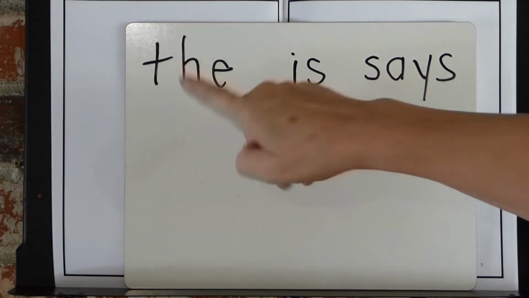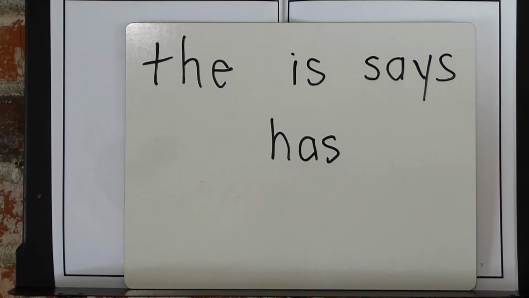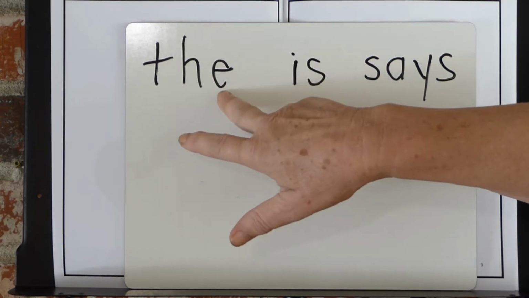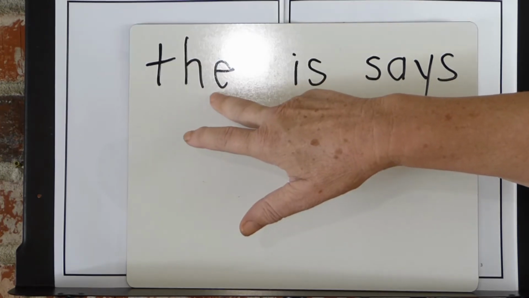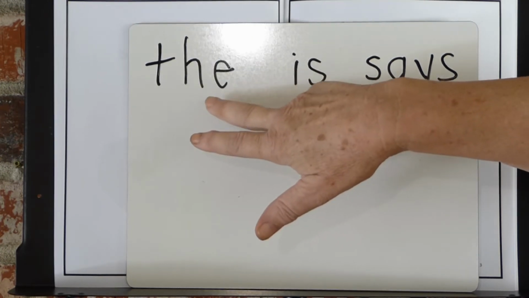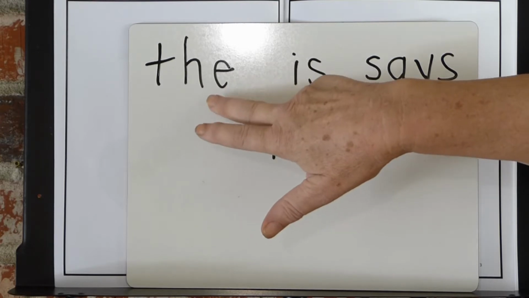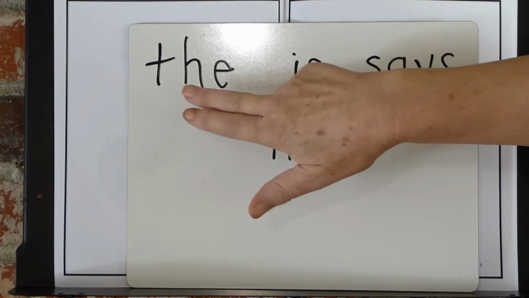First of all, we have "the." The student has to decide how to decode this word. Well, the E on the end is going to be a long E, because it has nothing stopping it here and it can stretch out and be long.